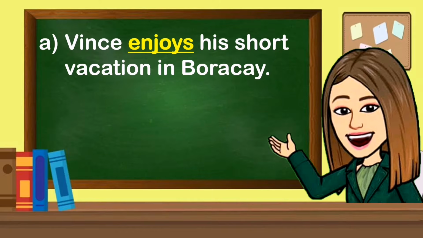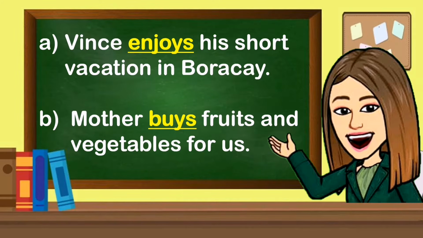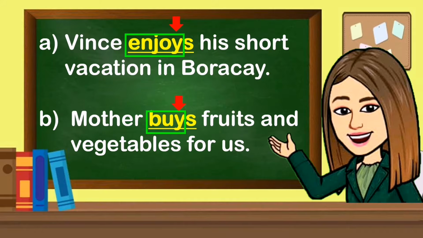Examples. Vince enjoys his short vacation in Boracay. Mother buys fruits and vegetables for us. The underlined words such as enjoy and buy end with letter y. At sinusundan nito ay vowel, like the word enjoy, ang sinusundan ng titik y ay letter o, while the word buy, ang sa unahan ng letter y ay u.